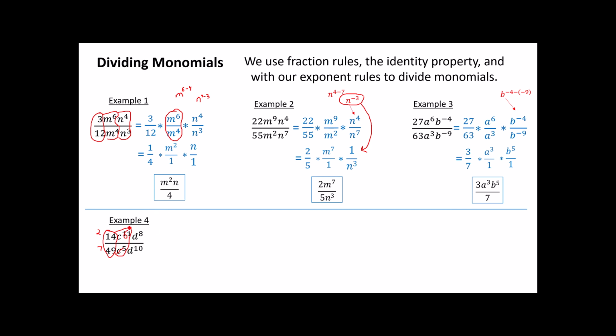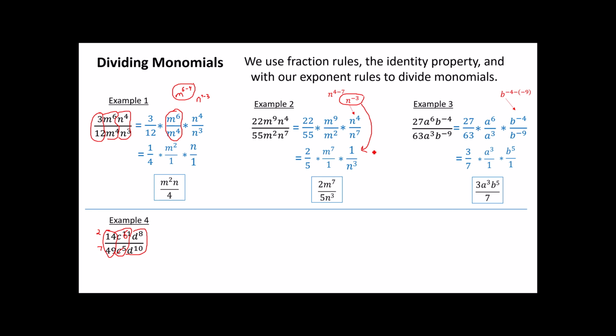I did that by talking about simplifying fractions. You could also do it using the quotient of powers property, which says that we just subtract the exponents. And then I'm going to look at this one right here, and I'm going to realize I have 8 d's on top and 10 d's on bottom. So when I simplify it, or if I use my exponent rules, I'm going to get 8 minus 10, which is negative 2.